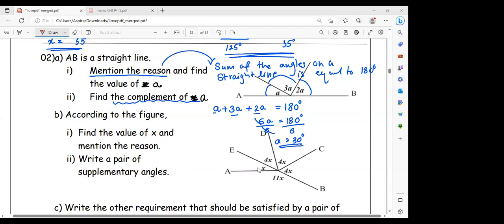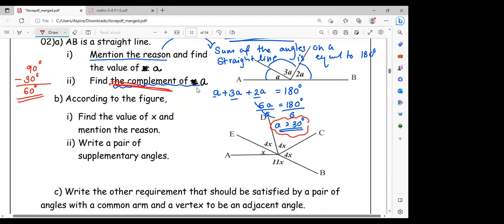We have to subtract the value of the given angle from 90 degrees to find the complement of an angle. So we subtract the given angle from 90 degrees. Then the answer is 60 degrees. Okay, then complement of A equals 60. Okay, move to part B.